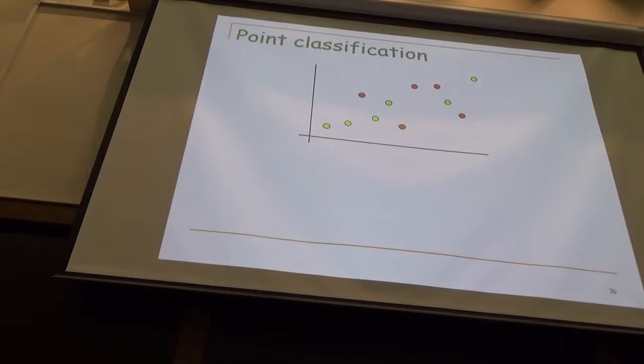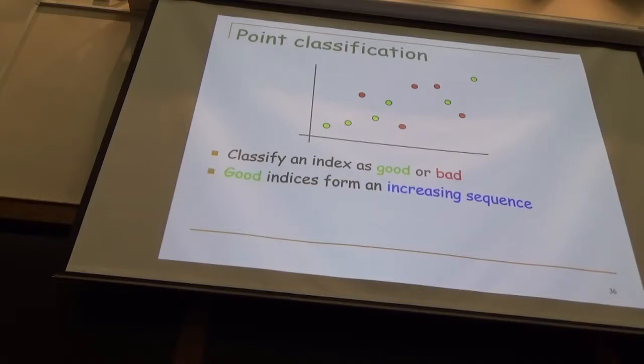I color the good points green and the bad points red, and there are two properties I want. I want the good indices to form an increasing sequence, so the points I call bad are a possible choice of the points that I delete. And I want the number of bad points to be close to the distance to monotonicity.